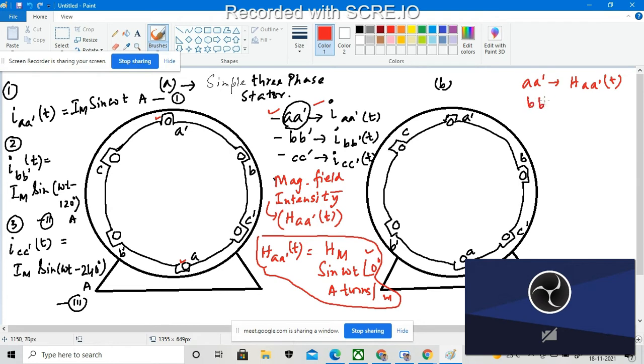For the coil B dash, the magnetic field intensity is H of B dash at time t. For the coil C dash, it is H of C dash at time t. Now we have to draw these, because all those intensities will be 120 electrical degrees apart.